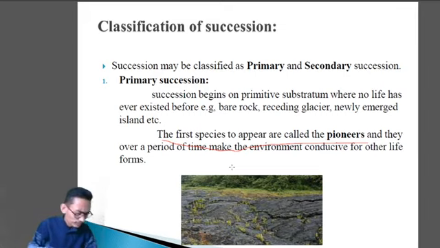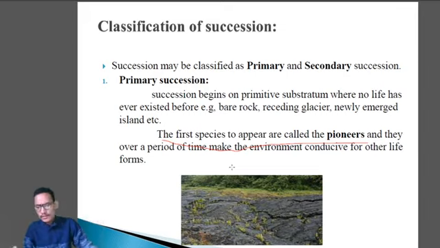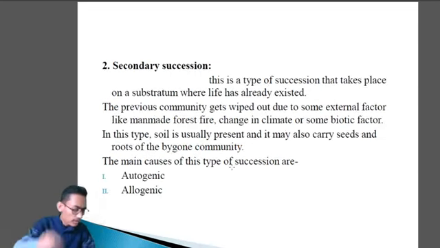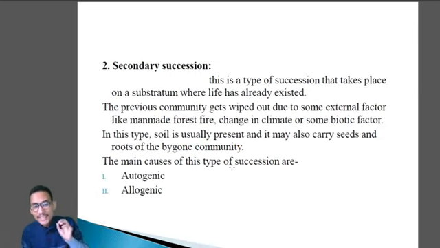Clear? Now let's go to secondary succession, but can you remember that primary succession takes a longer period of time, because there is no soil and no organic matter to support the existence of life? Then comes secondary succession, which is a kind of succession that takes place on a substratum where life has already existed. Are you getting the difference? In primary succession, succession occurs on an area where there was no sign of life before.